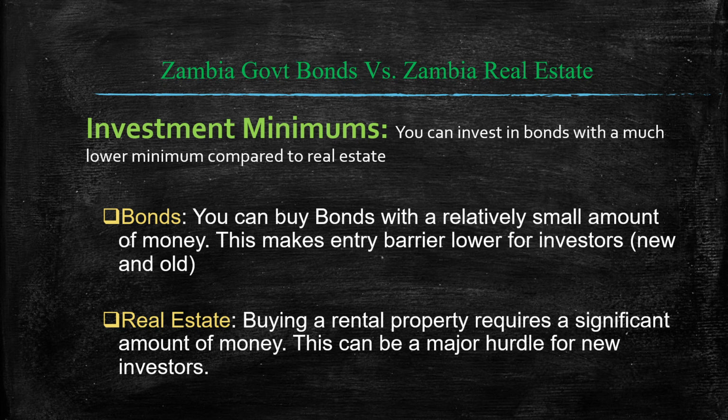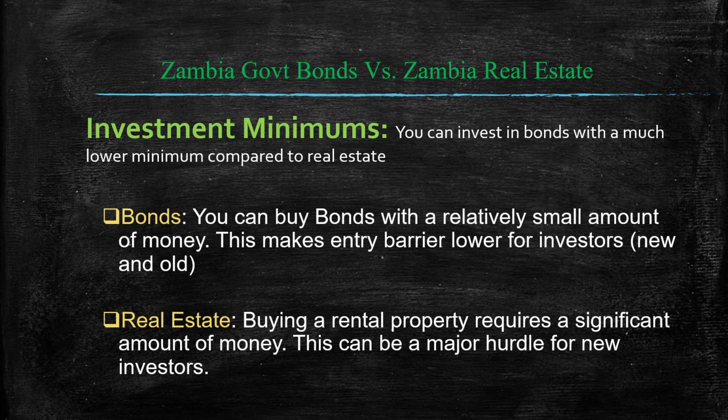So when comparing government bonds and real estate investments in Zambia from the perspective of investment minimums, it is very clear that when we invest in government bonds, you are likely to spend much lower than real estate for the same monthly income.